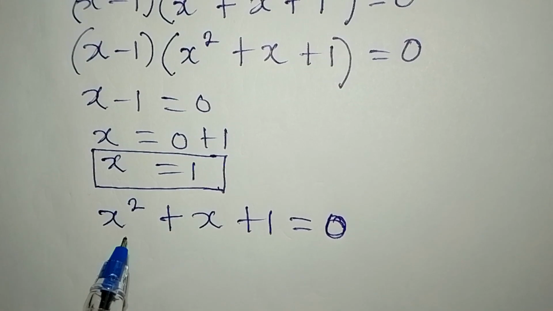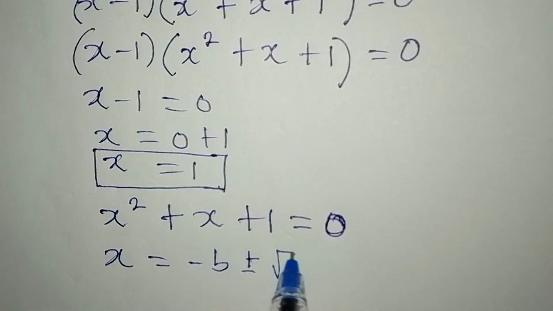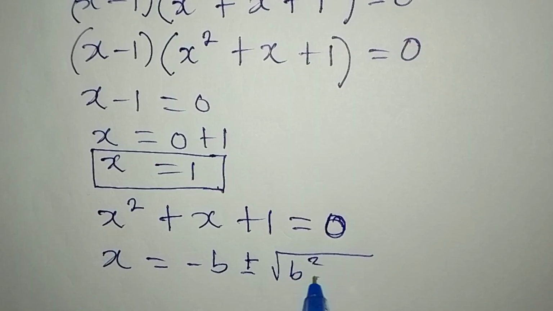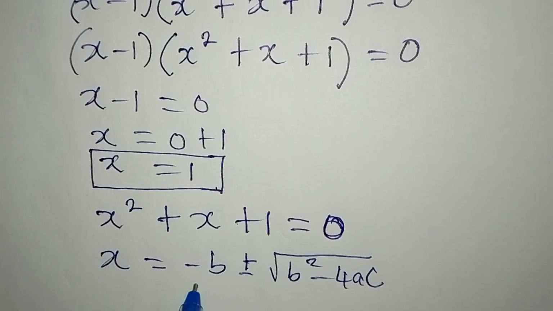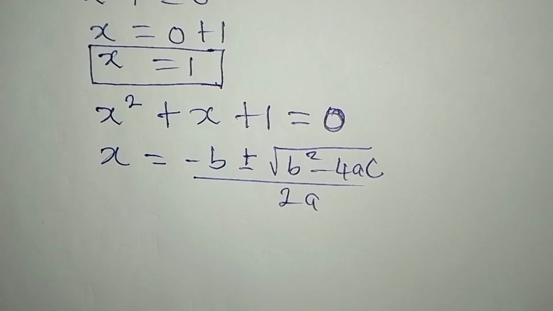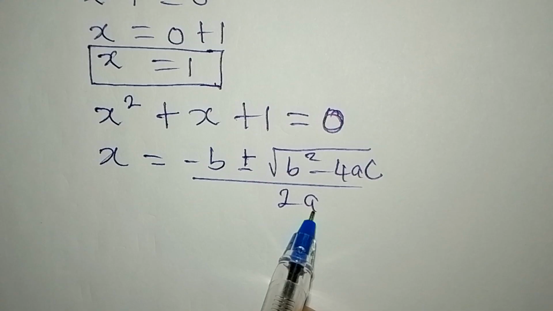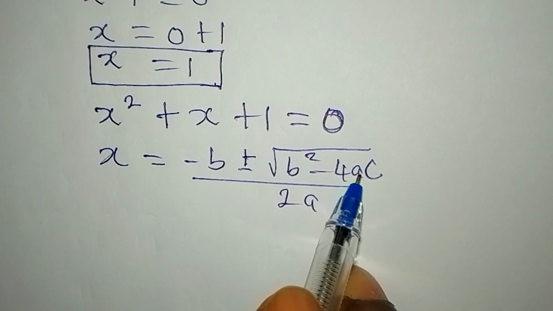And instead of you thinking of how to factorize, I expect you to use the formula to deal with it. x is equal to minus b plus or minus square root of b squared minus 4ac all over 2a. This is the formula that we're going to use. And to use this formula, you must know your a, b, and c, right?